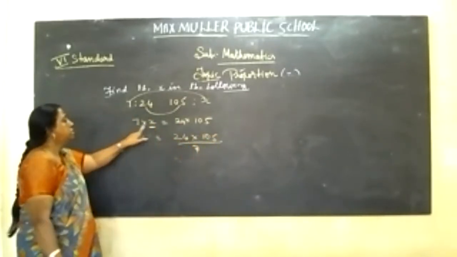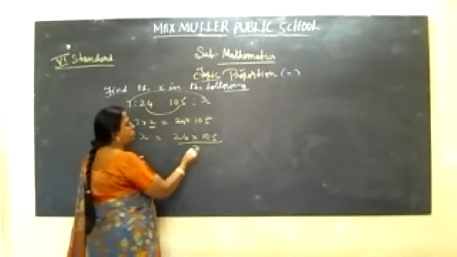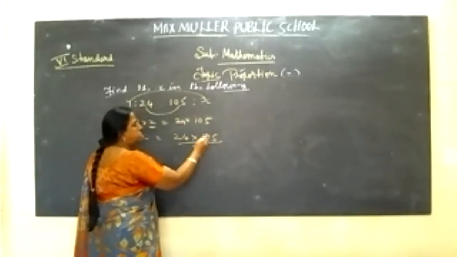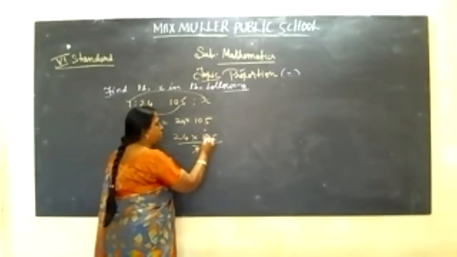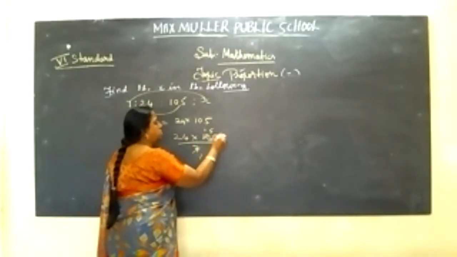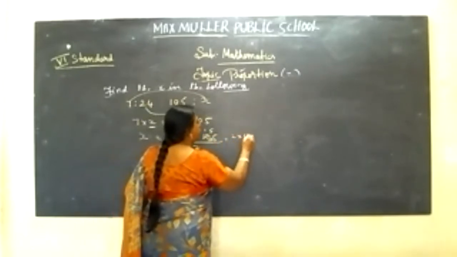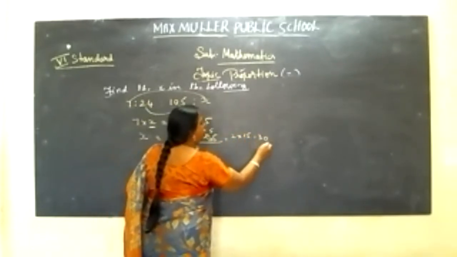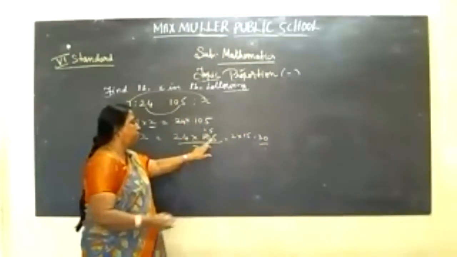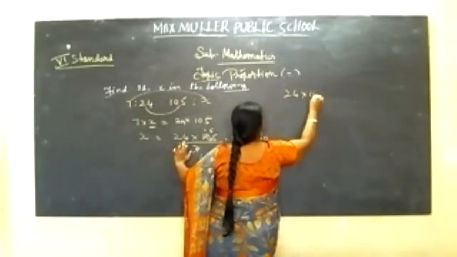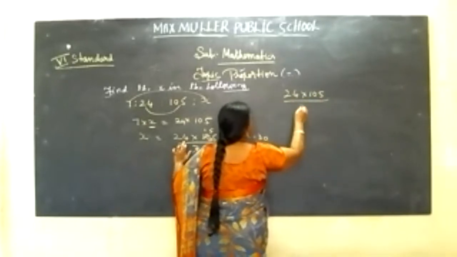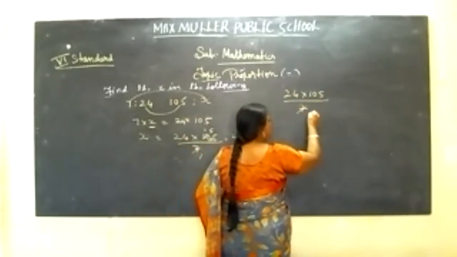So here simplify. 7 ones are 7. Here 7 ones are 7. Remaining 8, 9, 10, 3. 7 fives are 35. So 2 into 15 gives 30. The value of x is equal to what? 30. Here I'll show again, 24 into 105 by 7. 7 ones are 7.